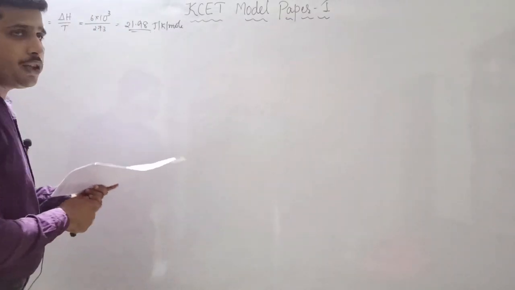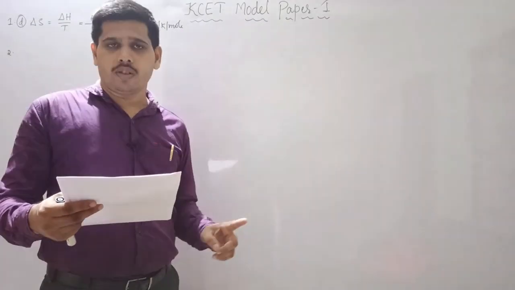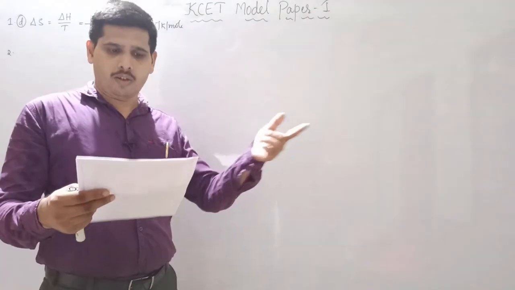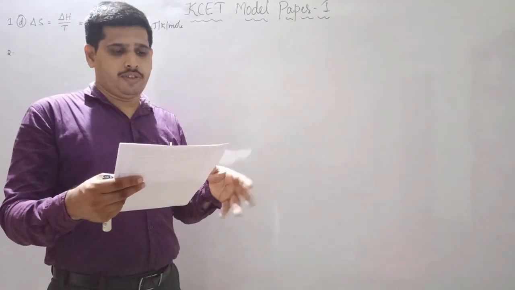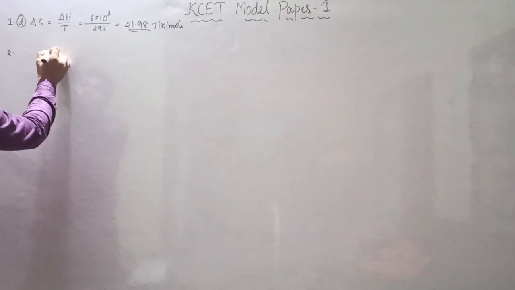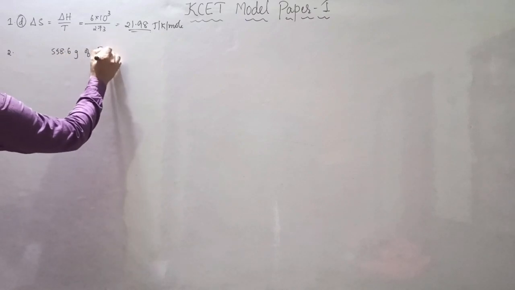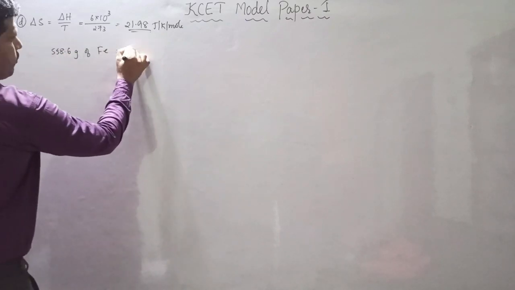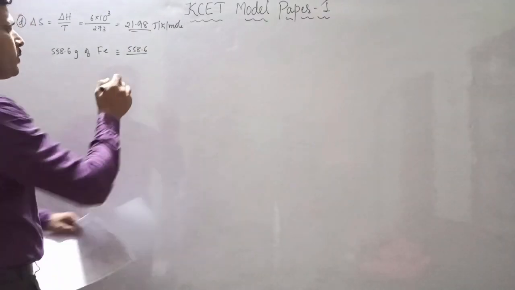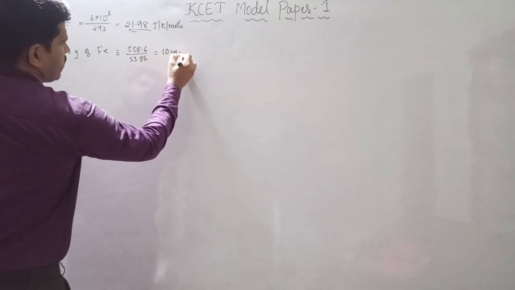So what you do here is connect the mole concept. You find out how many moles of iron are present in 558.6 gram. You calculate it, then go through the individual options, searching for which will be equal. 558.6 gram of iron is 558.6 divided by the atomic mass of iron, 55.86, so exactly 10 moles.